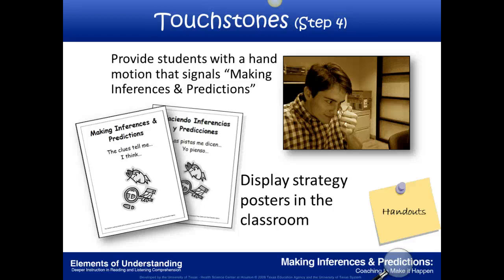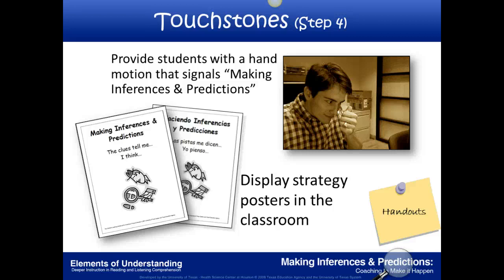When I make an inference in a think aloud, I will use this hand signal so that your more visual learners will see the strategy in action, and maybe your kinesthetic students may do the signal along with you. But all students may use the signals when they make inferences in their own reading or while listening.